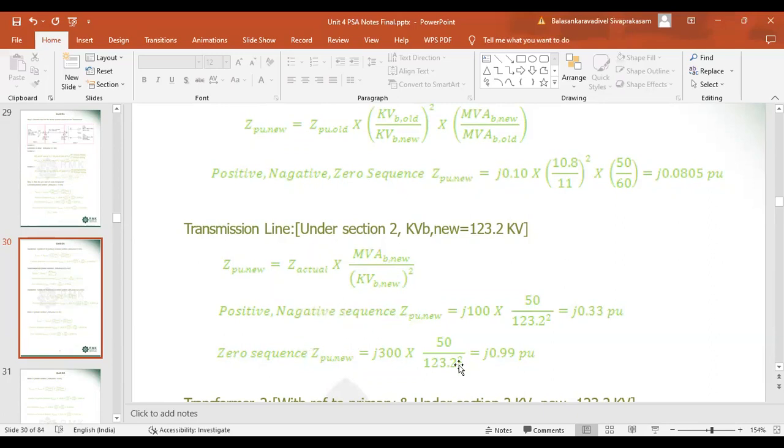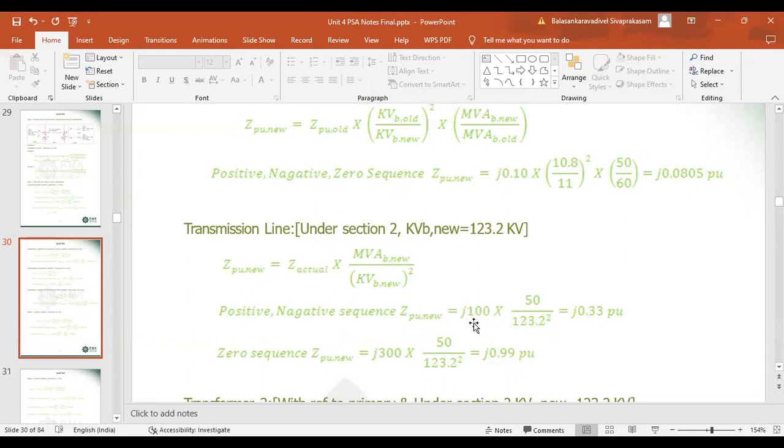In this transmission line also, for positive and negative sequence component, the reactance value is given as j100 ohms. And for zero sequence reactance, it is given as j300 ohms. So we have to calculate these two reactances separately. Positive and negative sequence reactance is equal to the actual value, which is nothing but the value given in the problem itself.